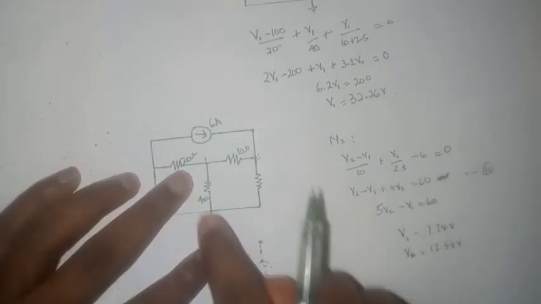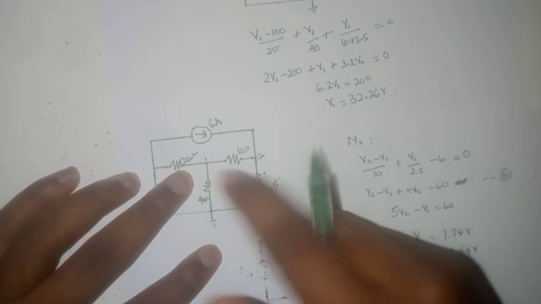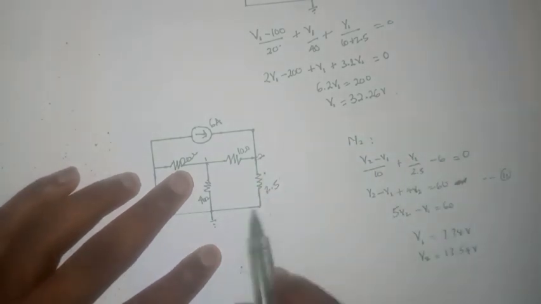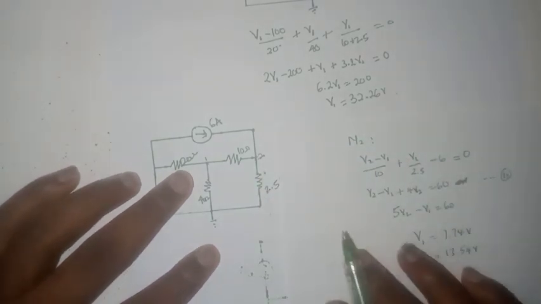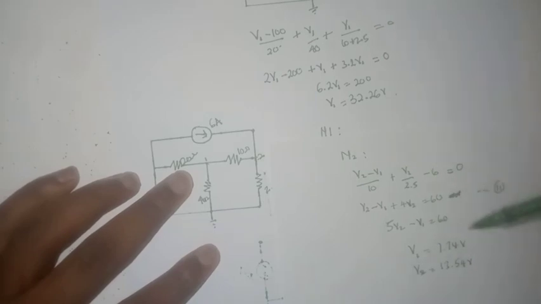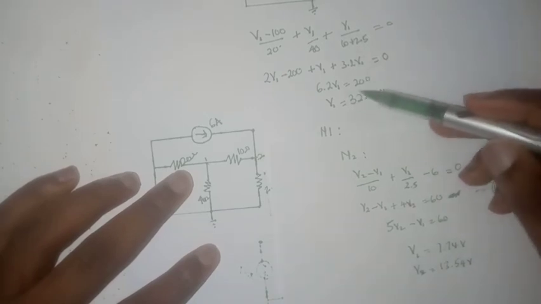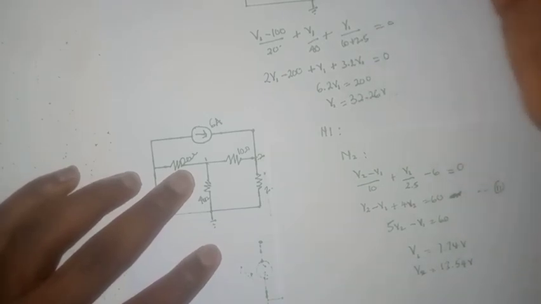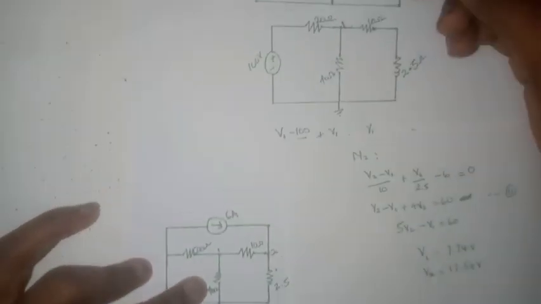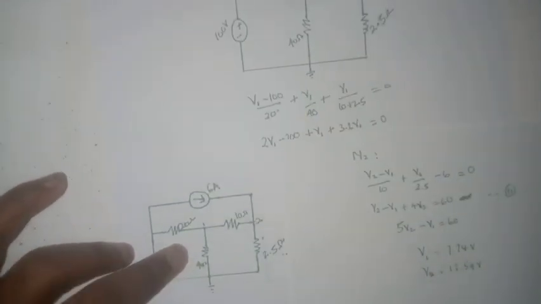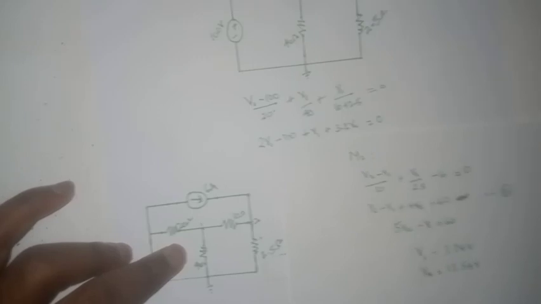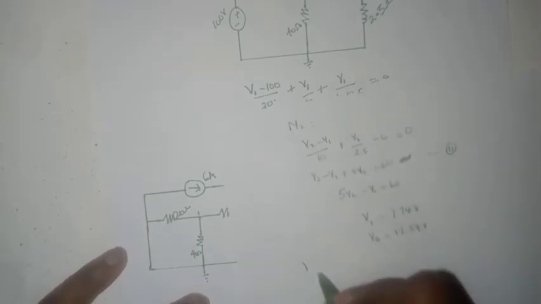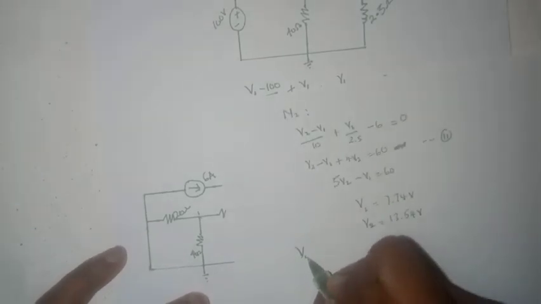So we expect the voltage drop across the 40 ohm resistor to be 7.74 volts. We can add it up with this voltage due to the 100 volts power source.